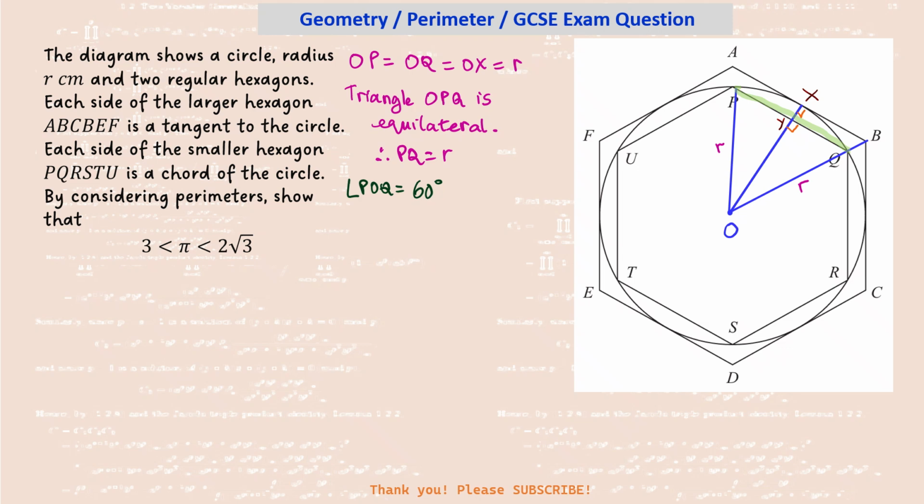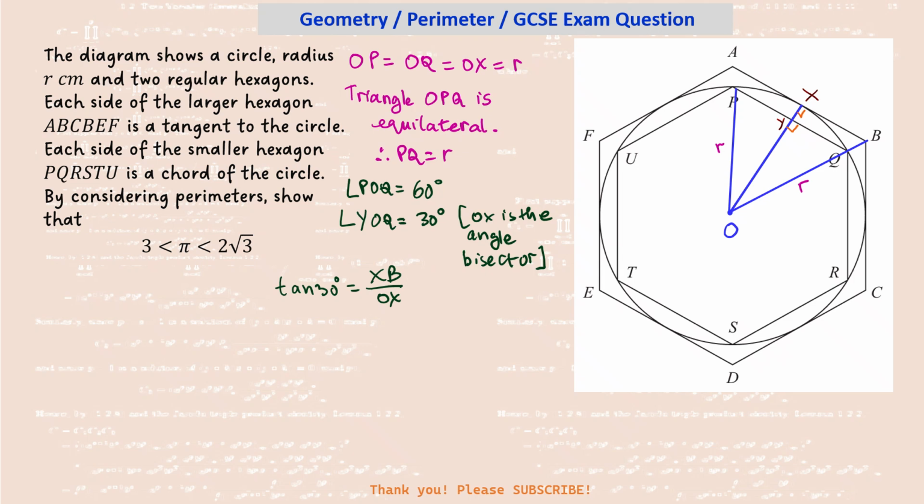Then angle POQ is 60 degrees, and therefore angle YOQ, or we could also write XOQ, this particular angle would be 30 degrees because OX is the angle bisector.